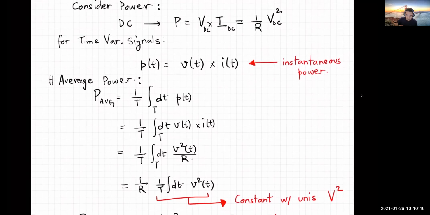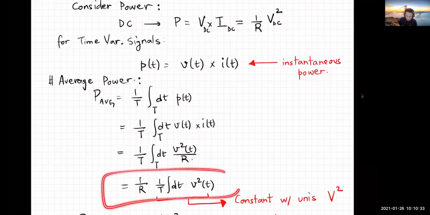Now, if we talk about the average power, what we're going to do is take the integral of the power over the period of the signal and divide it by the total period. That's how we take the average. And if you do the math, you'll end up with this expression: 1 over R and the average of the voltage squared.